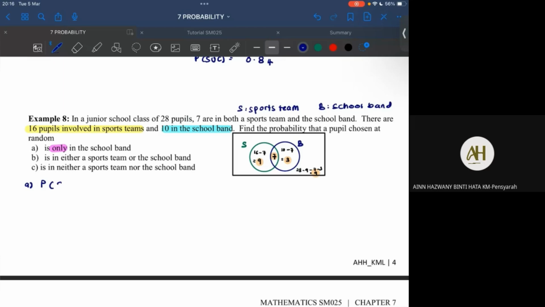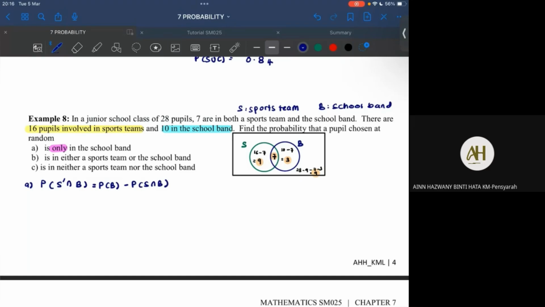So kita ada sports, kita ada band, so intersect. So sebab dia kata only school band, so ini kita primekan dia. Okay, mana-mana pun boleh. B dekat belakang, S kat depan pun tak ada masalah, sama je. Okay, so not S. So that means B sahaja, formula ialah PB minus PS intersect B.